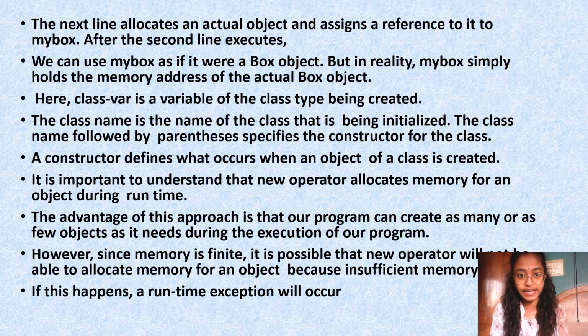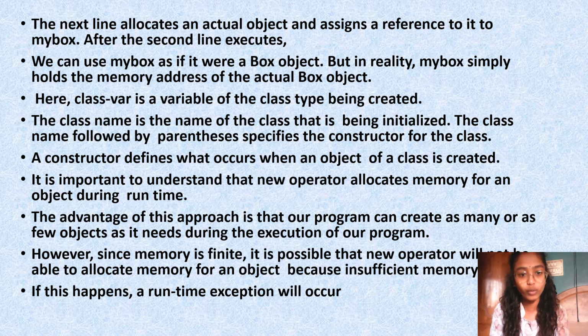The next line allocates an actual object and assigns a reference to it to myBox, that is the object which we have created. After the next line executes, we can use myBox as if it were a Box object. But in reality, myBox simply holds the memory address of the actual Box object.